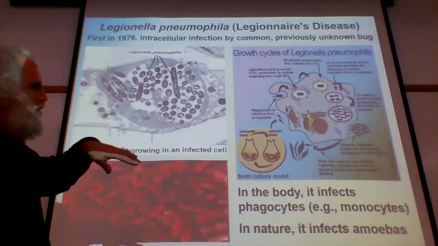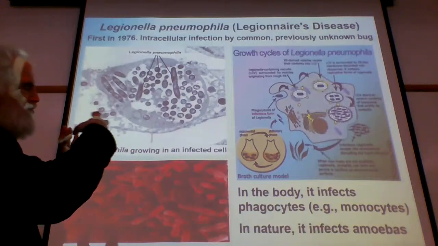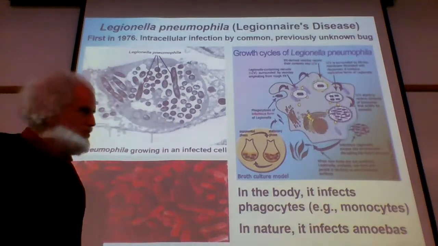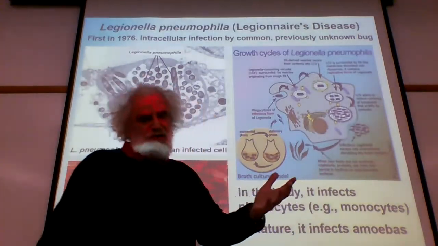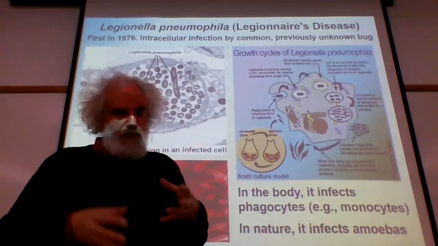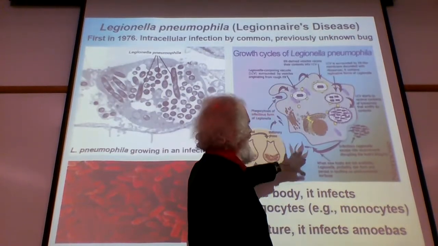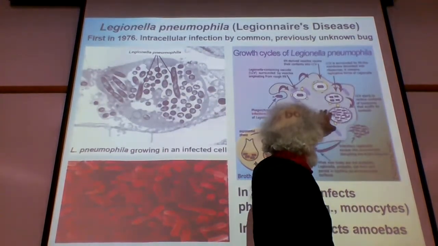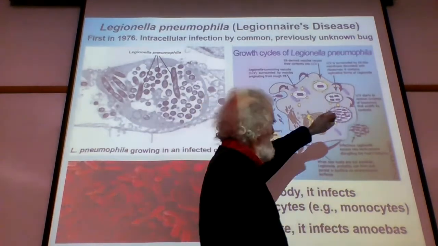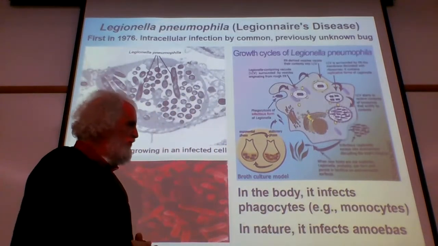So what happens is the bacteria gets inside the cell through phagocytosis, which is normally used in white blood cells to pull in bacteria to break them apart. In this case, the infectious form of Legionella is brought in, and the bacteria start to replicate within the cell, and then they can dump out, and you begin to have cell necrosis.